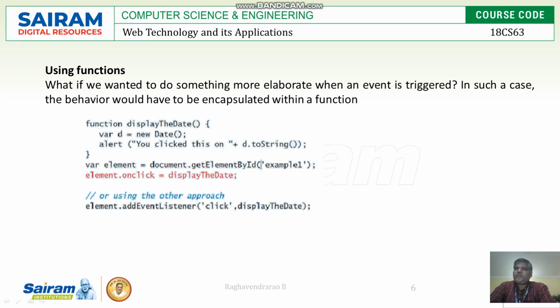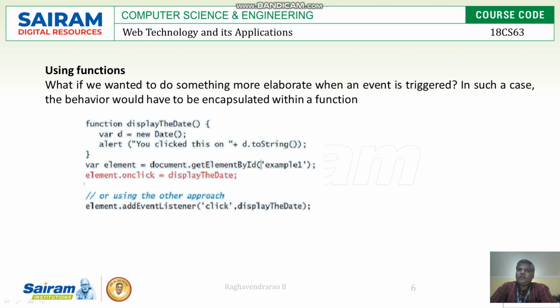How is this function being called? Variable element is equal to document dot get element by ID example 1. So this element is taken now. Element dot onclick, what you should do, display the date. This function is being called.